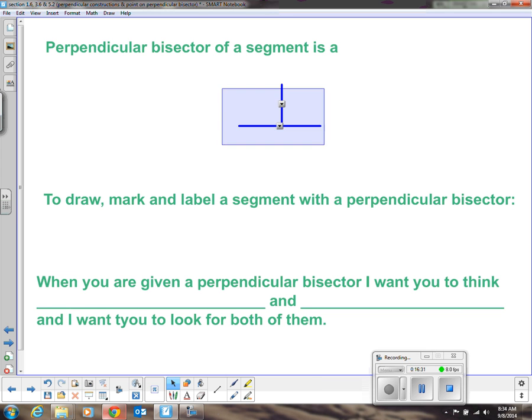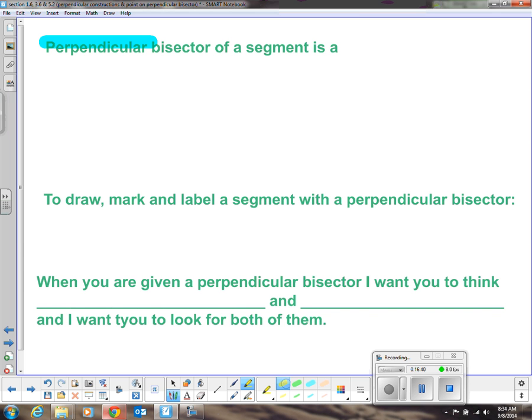Okay. So now, perpendicular bisector. If you look, this word is made up of 2 pieces: the word perpendicular and the word bisector. So what do you think this is going to do? Excellent. A perpendicular bisector of a segment is a line that forms right angles with the segment, and what else?